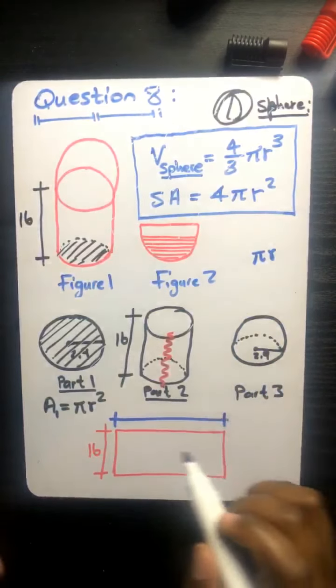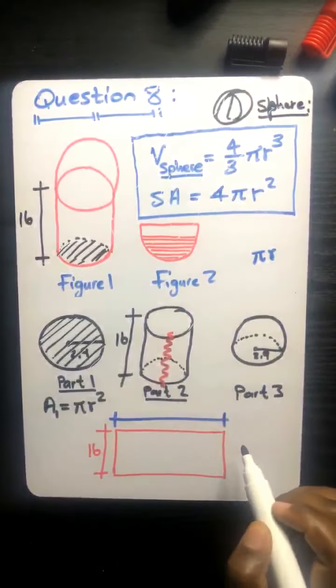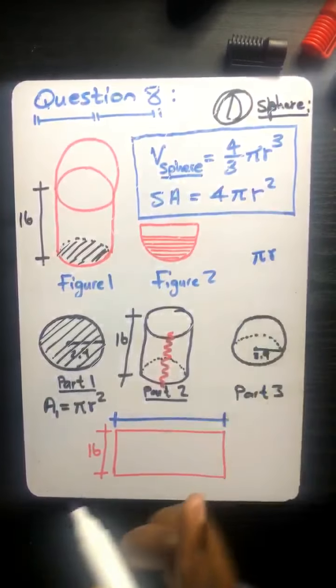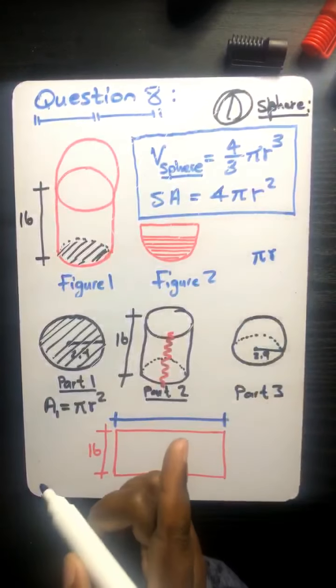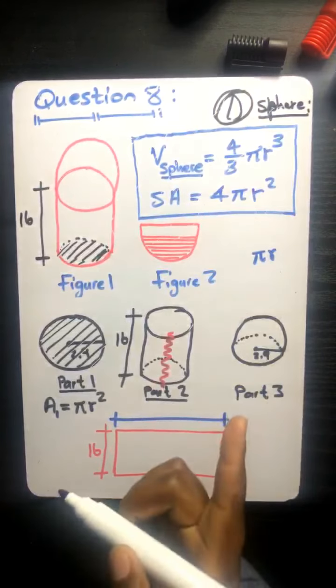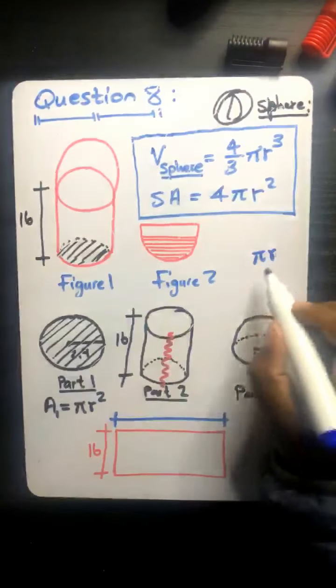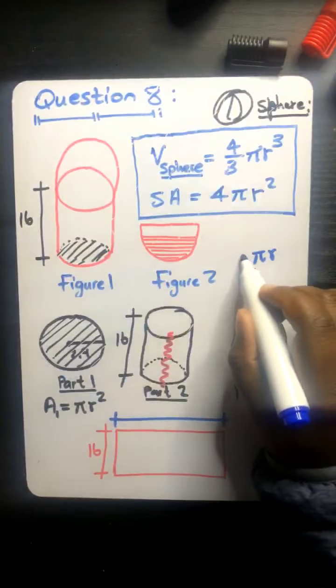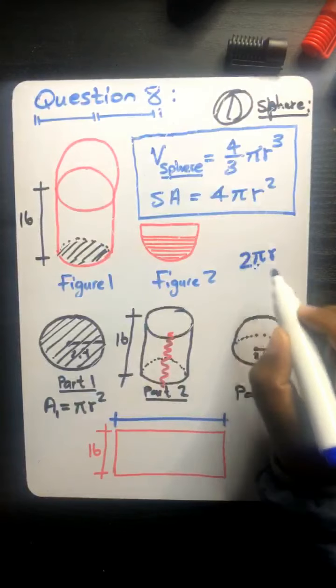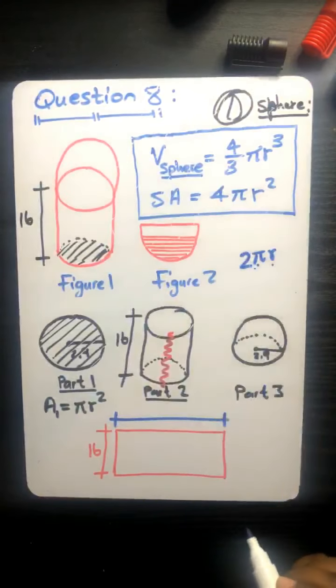Yes. So remember the formula for the perimeter of a circle. It's not just that, but it is 2 pi r. Do you guys get it there?